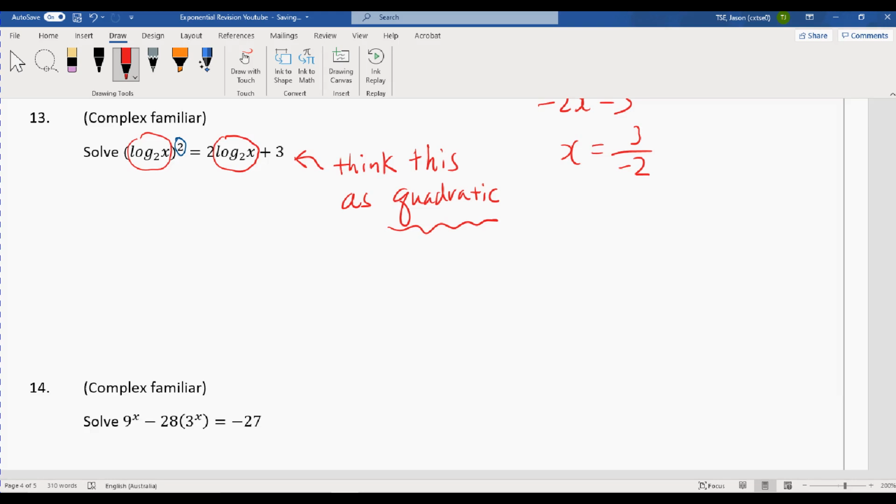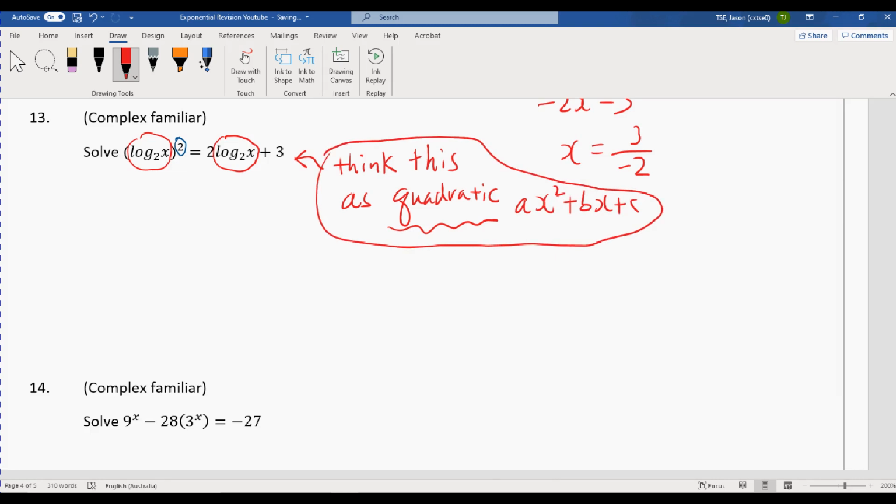Quadratic means you need to see something like a times x squared plus bx plus c, right? You need to have that form. So in this case, let's just let u equal logarithm to base 2 of x. Then we'll convert this into a quadratic equation, right?